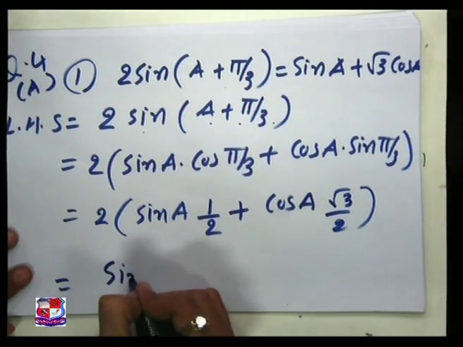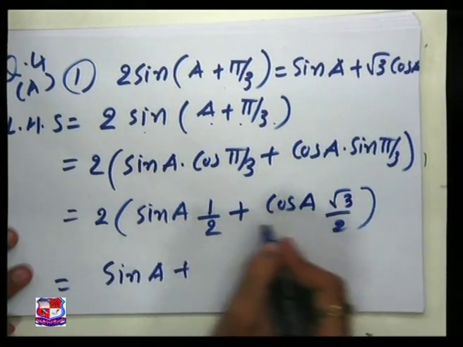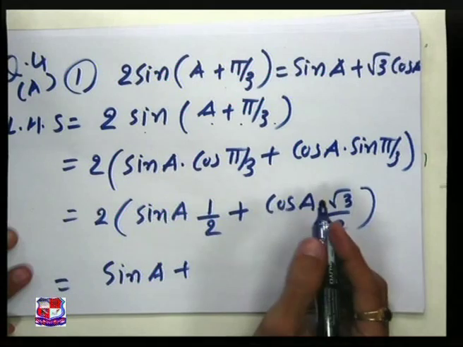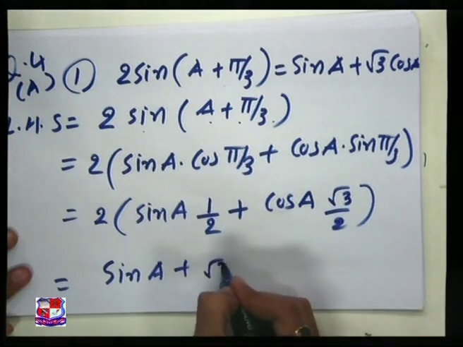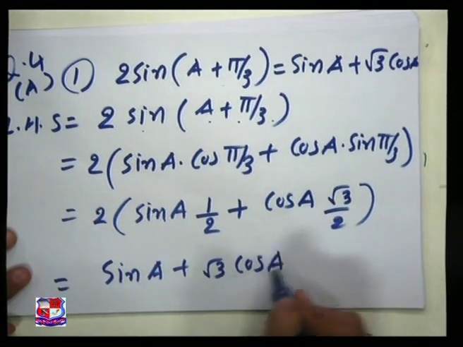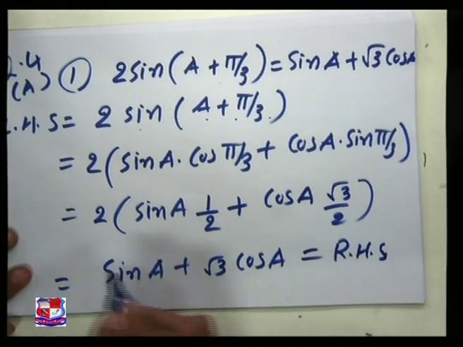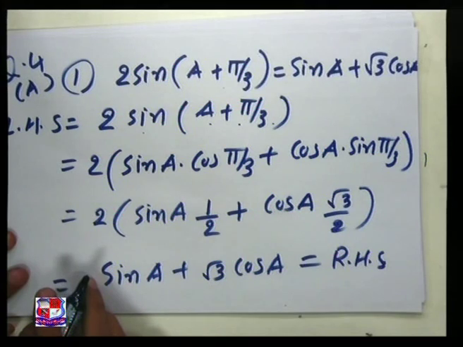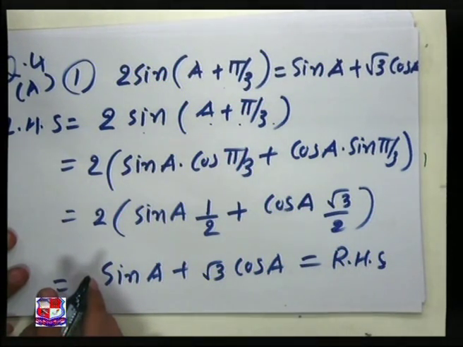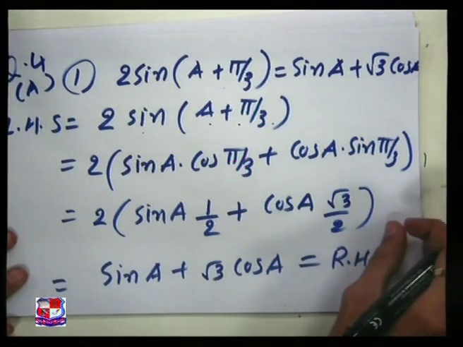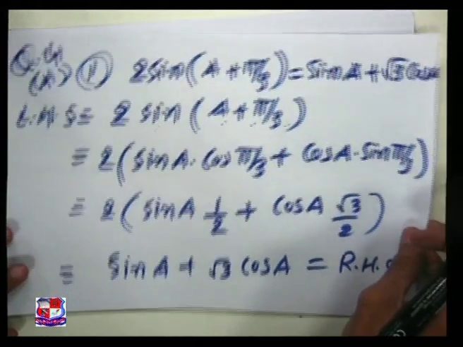So that is sine a. Here 2 again cancels, that will give root 3 into cos a. So this is our right hand side. So we have proved 2 sine a plus pi by 3 is equal to sine a plus root 3 cos a. Right. This is the first one of question 4a.